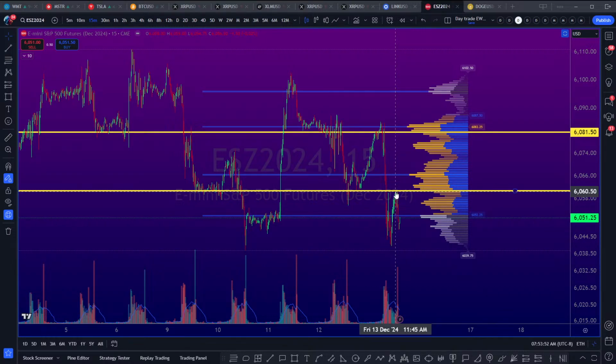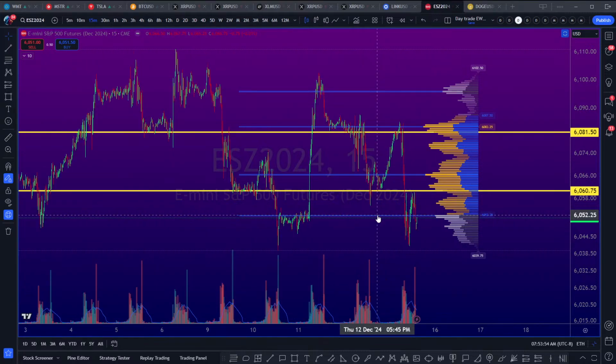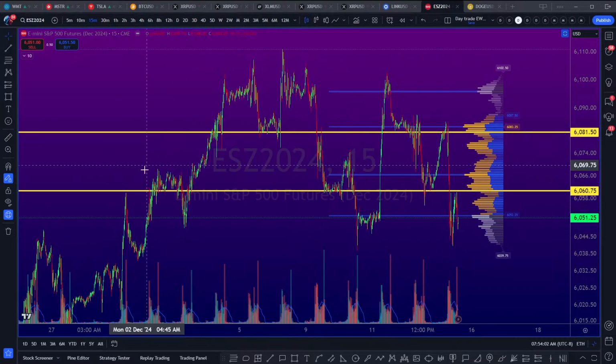I can see the liquid zones by my naked eye, team. That's why I pointed these out for you. They're obvious. We use primary pivots because that's exactly what concentrates the price action here.